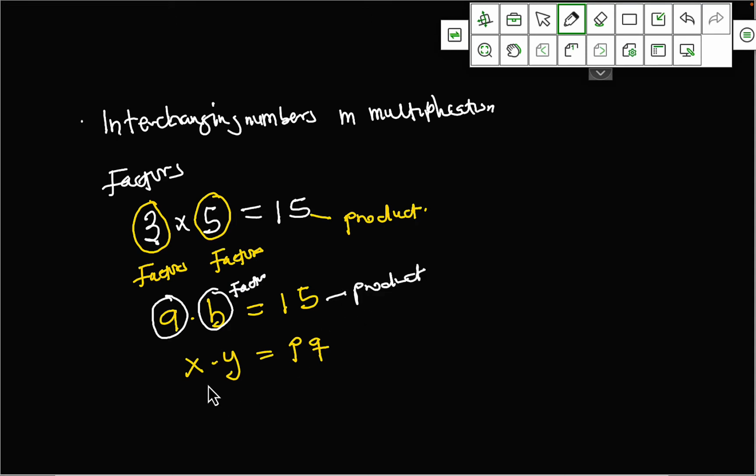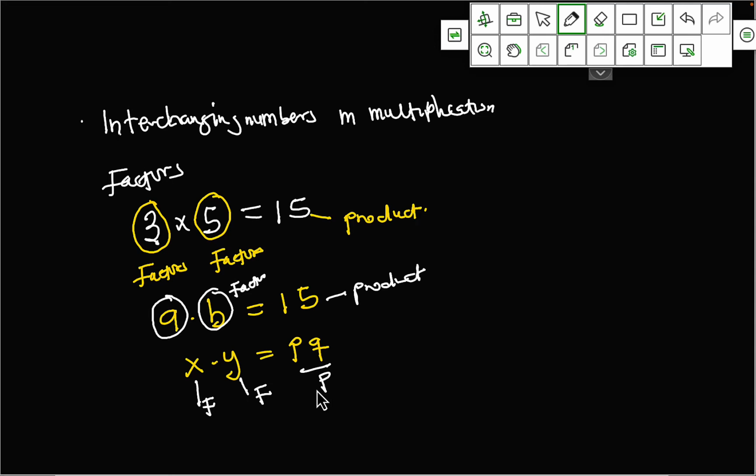If you go all out, x is a factor, y is a factor, pq is our product. You understand? So every fundamental principle that you know regarding arithmetic also applies here. We talk about other things that are very important during this transition.